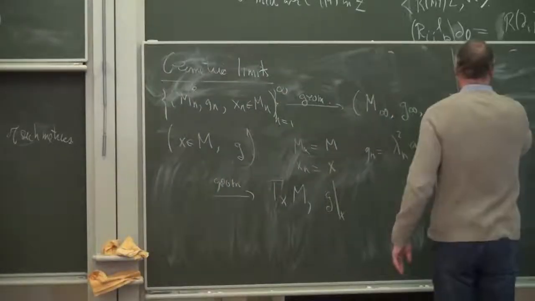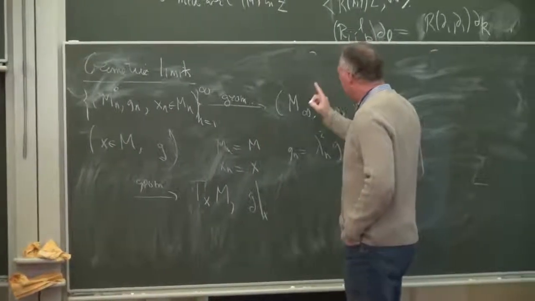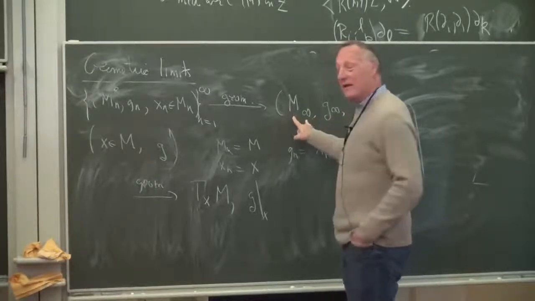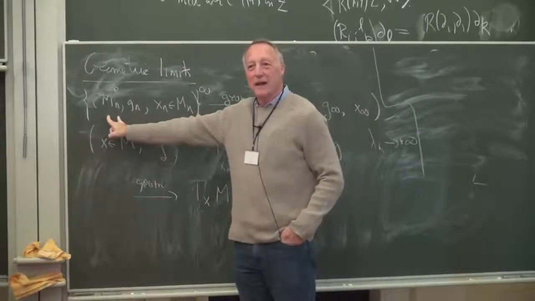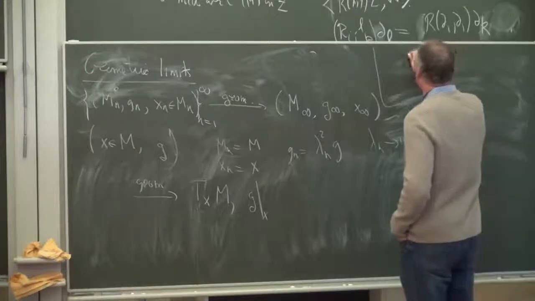Okay, so now the definition. The idea is that arbitrarily large but compact subsets in here have to be better and better replicated back here. So I won't say it in terms of compact, I'll say it in terms of open sets.